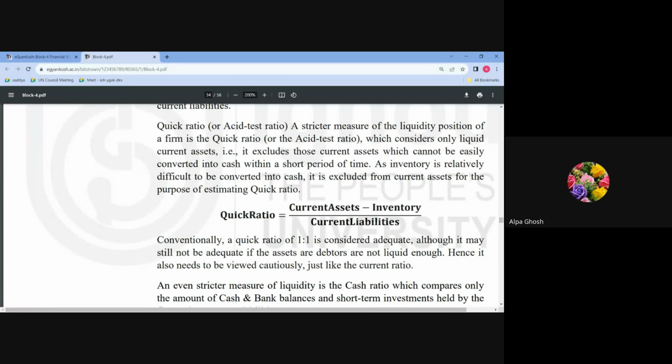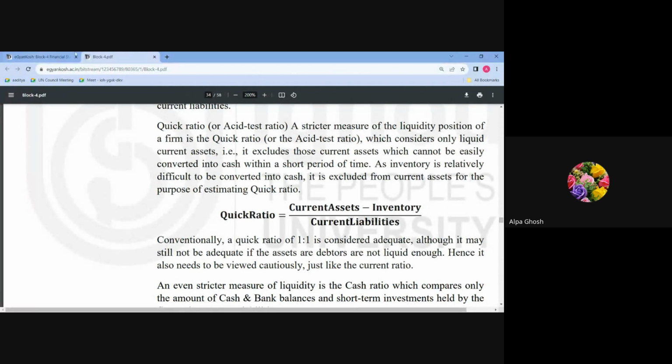So in order to find out what is quick ratio, it is the filtration part of your current ratio. Current ratio gives you the idea of 2:1, the content of the combination of current assets and current liabilities in the financial structure. Quick ratio gives you the idea of actual position of cash, bank, and other short-term investments related with your current liabilities.